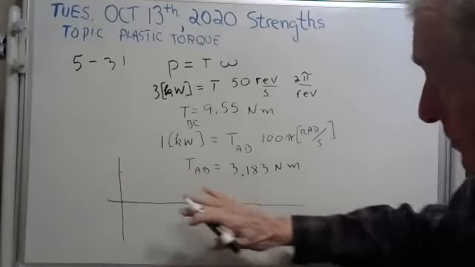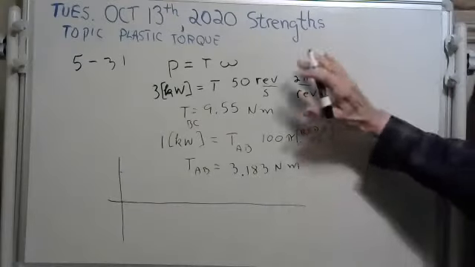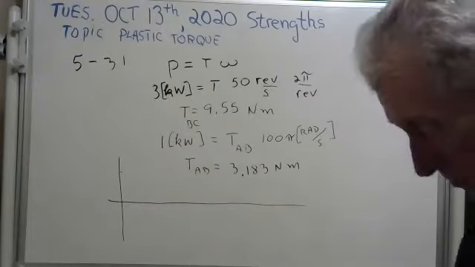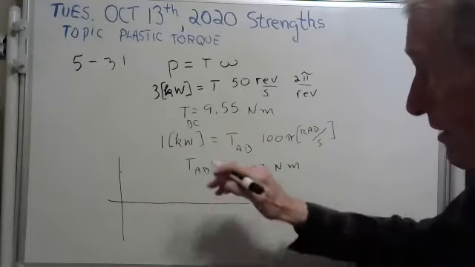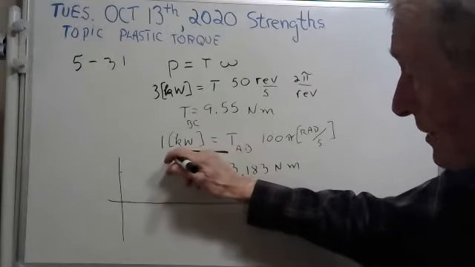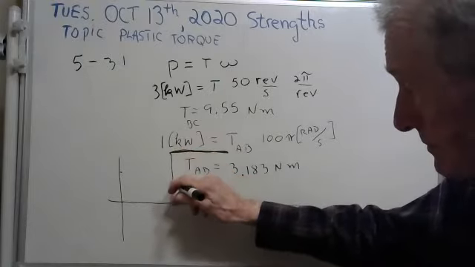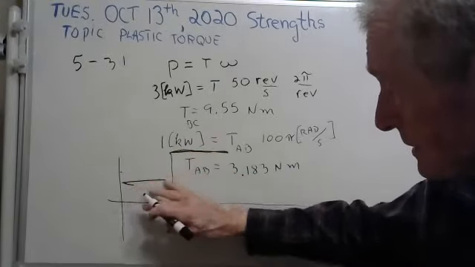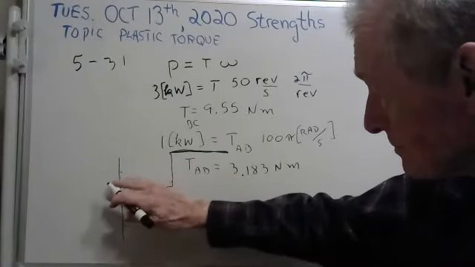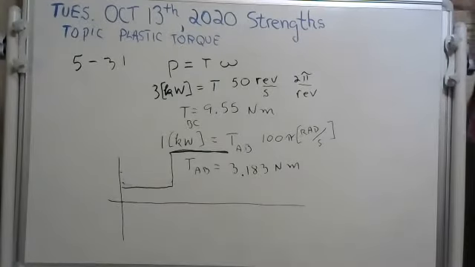Well, actually, they have the motor over here, don't they? If I had room, I'd draw the motor. Oh, what the heck, we'll just put it in here like this. You got 9.55, and then it drops down to 3 point something. Your diagram kind of looks like that.